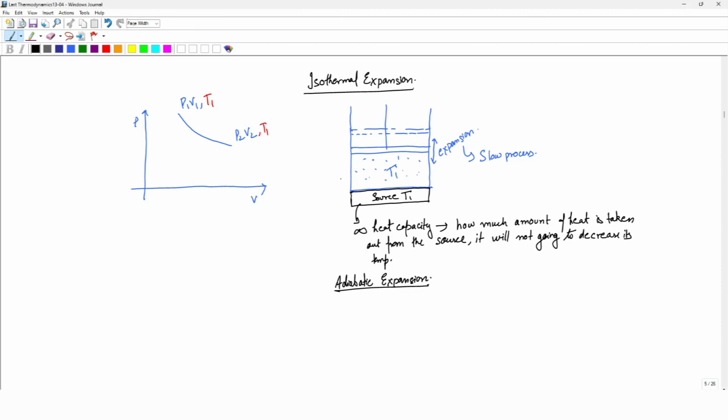we have removed this source that is at temperature T1, and we have placed it on some sort of a stand which is isothermal, which makes this wall insulating as well. Okay, now we have taken this piston cylinder system from the source and put it over.